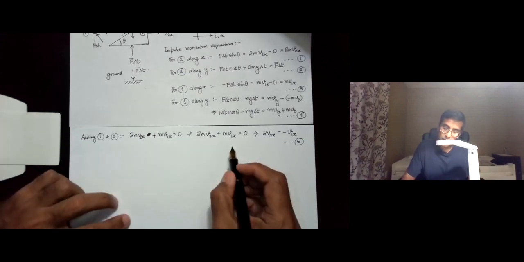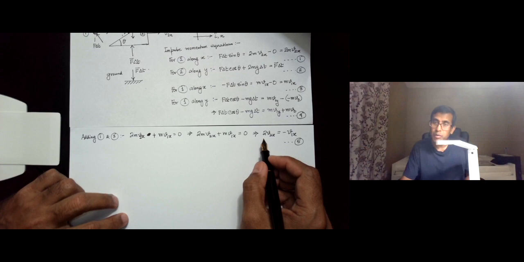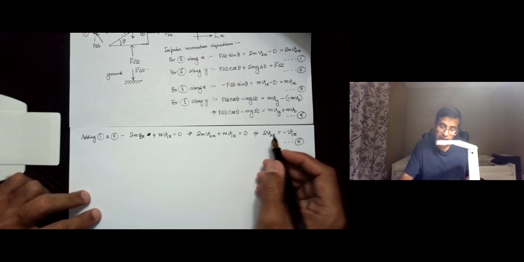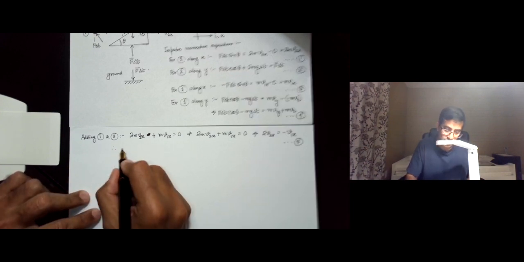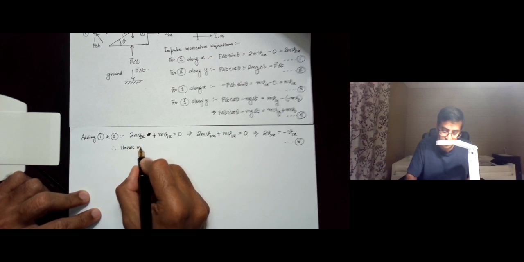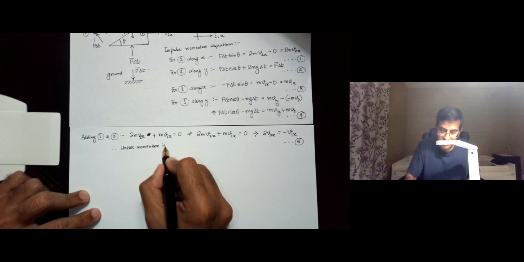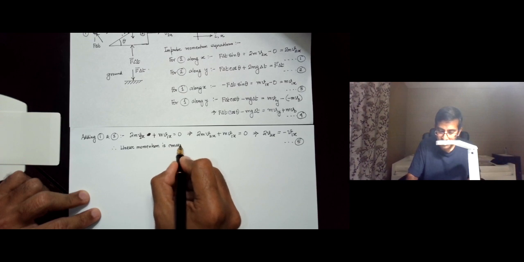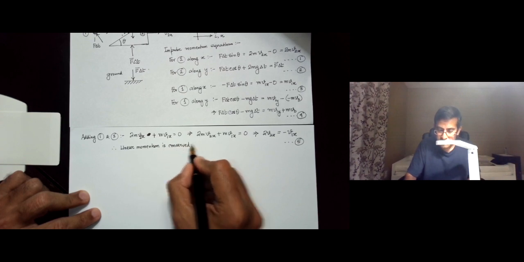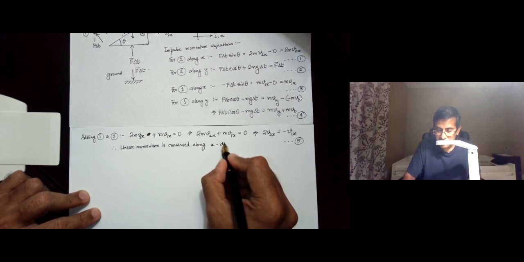One thing to keep in mind is that this is telling us that momentum is conserved along the x direction. Therefore linear momentum is conserved along the x direction.